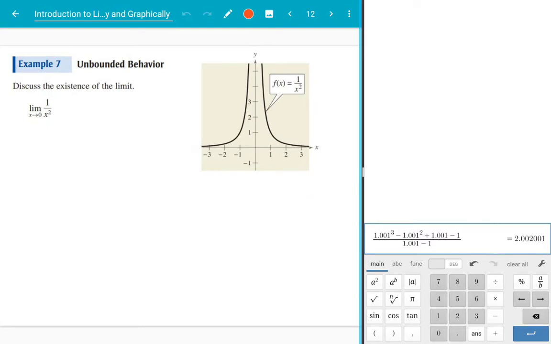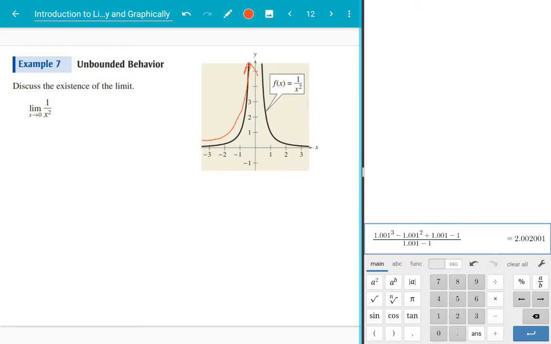All right, let's look at the existence of this limit. The limit of 1 over x squared as x approaches 0. So here's a rational function, one of your typical rational functions. We're looking at the limit as x approaches 0. So let's discuss what's happening here. On the left-hand side, as my function approaches 0, what value is it approaching?